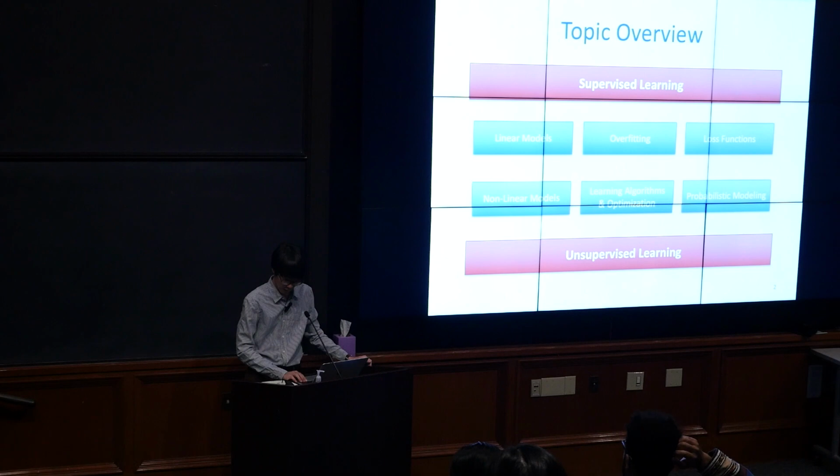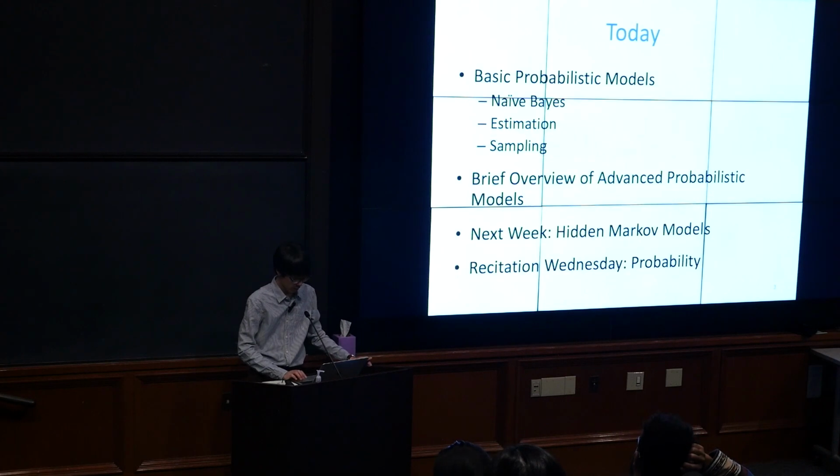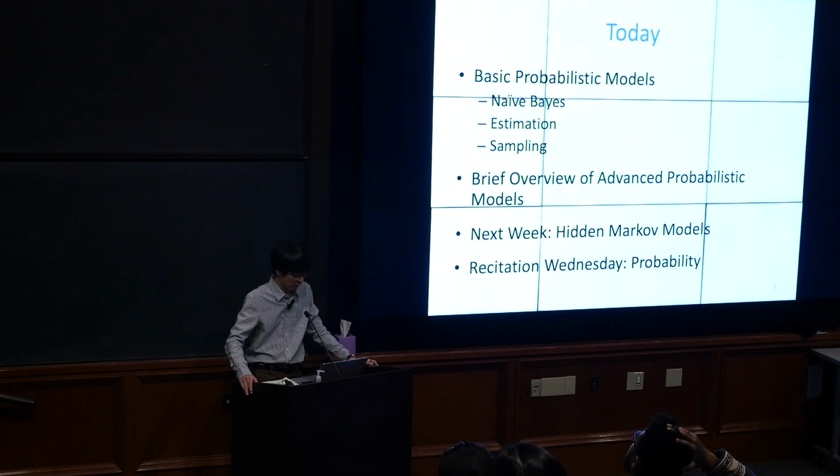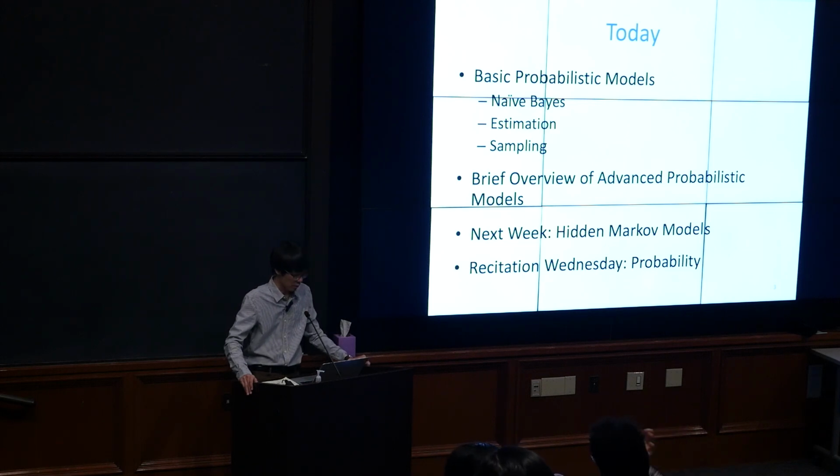Okay. So today we're going to talk about some basic probabilistic models, including naive Bayes, and then from that, estimation and sampling. And then after that, we're going to have a brief overview of some advanced probabilistic models, just to see what's possible using this probabilistic model framework and this generative model framework.